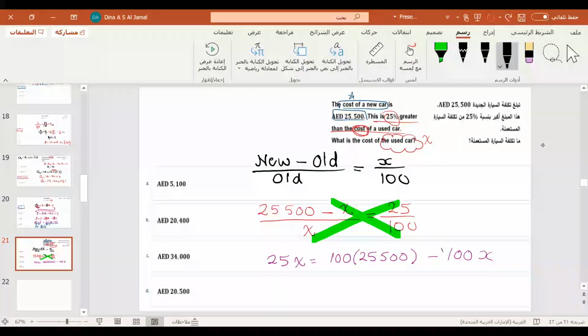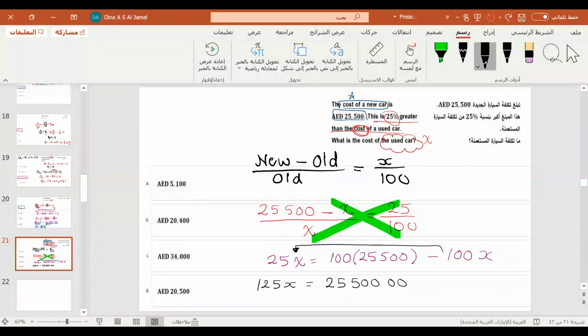Then you will be moving this 100x here, so it will be 125x is equal to this whole number. If you multiply together, you will be getting this. Good. Then divide both sides by 125. You will be getting your x as 20,400 dirhams.